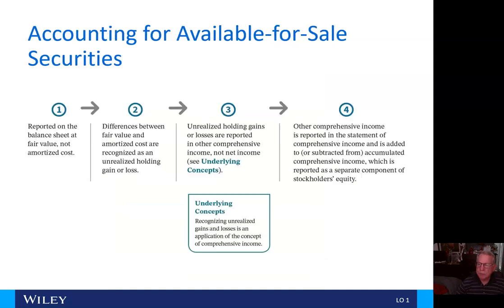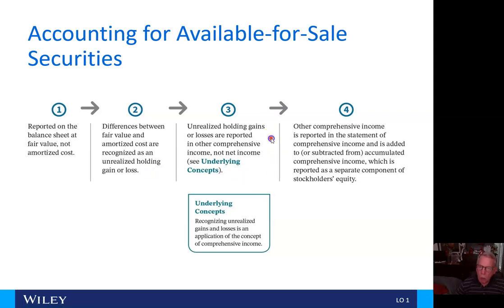and we'll move on. Okay, now we'll move to available for sale securities. This time we're reporting it on the balance sheet at the fair value, not the amortized cost. So the difference between fair value and amortized costs are recognized as unrealized holding gains or losses.